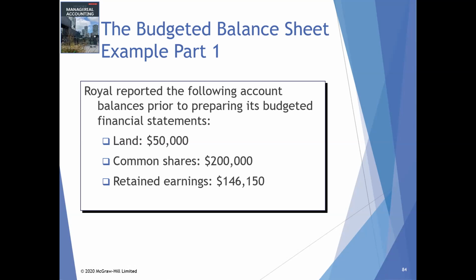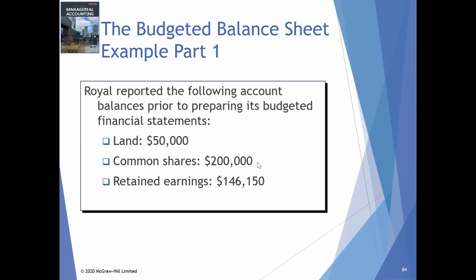Land value they already have is $50,000, and common shares are $200,000. Common share means the money collected by the company from selling its shares to the shareholders and invested in the business. Retained earnings is the amount they already have prior to making this budget.